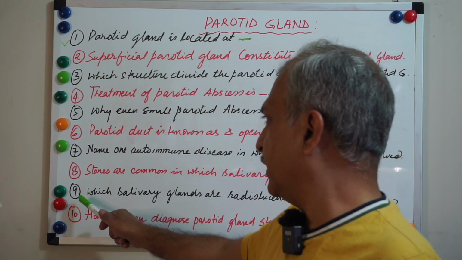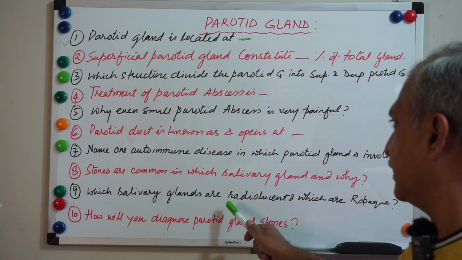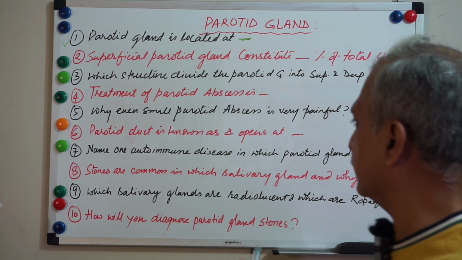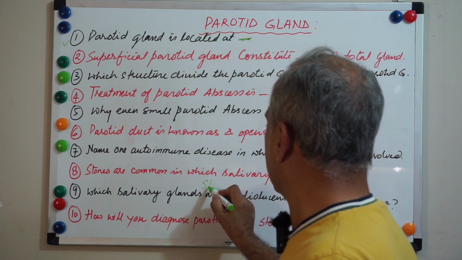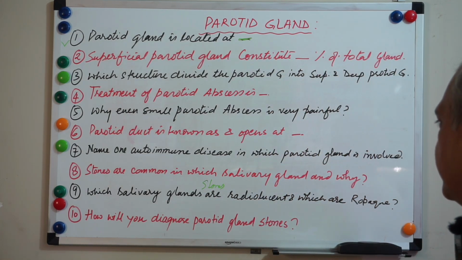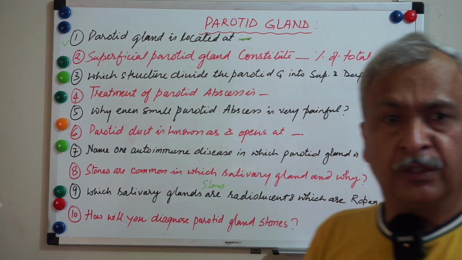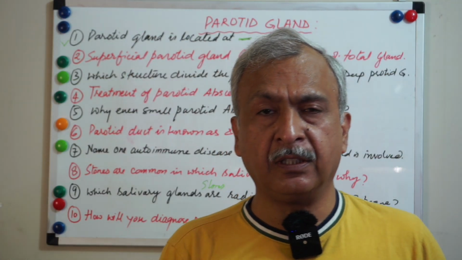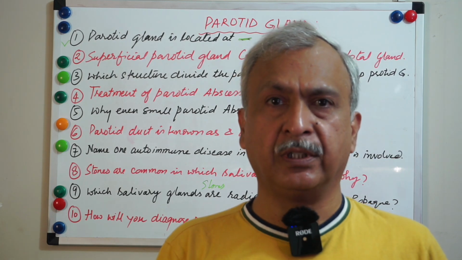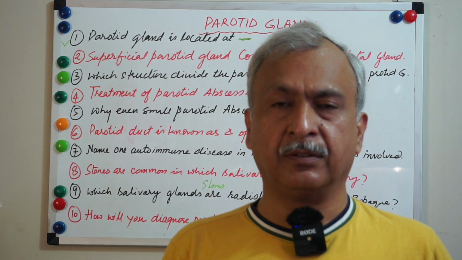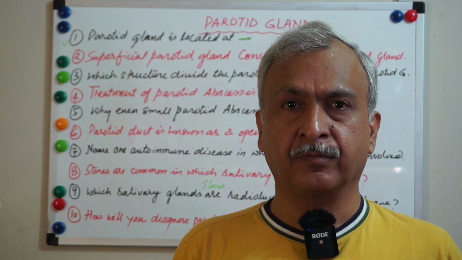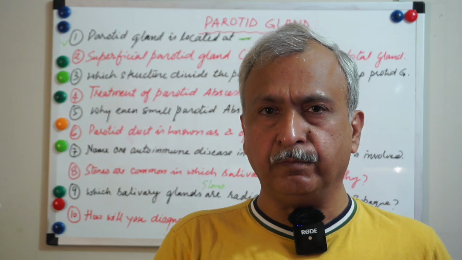Next, 9th question is: which salivary gland stones are radiolucent and which are radio opaque? So if we are going to treat, suppose, a stone in the parotid duct or the submandibular duct, we have to go for X-ray or CT scan.